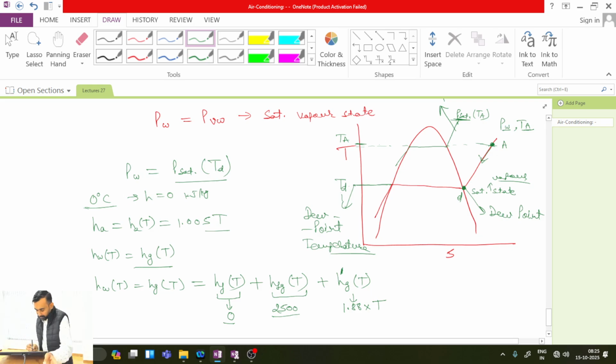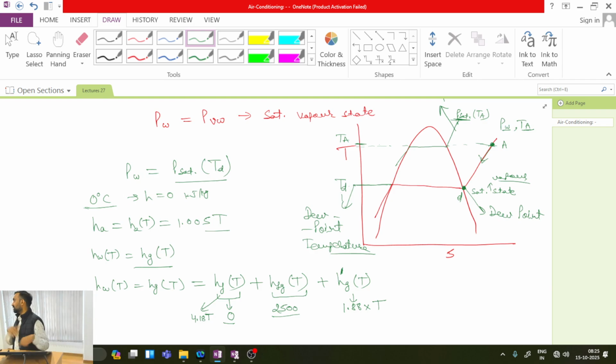Moreover, if one has to exactly calculate the value of enthalpy in the liquid state, then it must be written as 4.18. 4.18 kilojoule per kg Kelvin is the Cp of water in the liquid state. So 4.18 into T. All of you agree to this point? So if one is not considering the enthalpy at 0 degree Celsius, if we are at some temperature like 25 degree Celsius, then for 25 degree Celsius the value of enthalpy in the liquid state must be equal to 4.18 into 25.